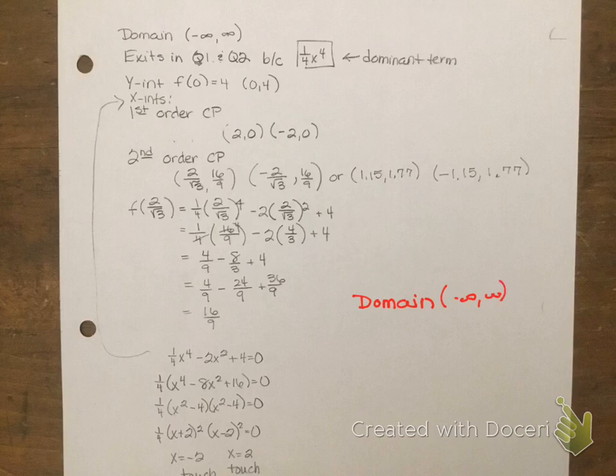My polynomial function, because the dominant term was 1/4 x to the 4, will exit in quadrants. We have an even exponent, and we have a positive lead coefficient, so I'll be exiting in quadrants 1 and 2.